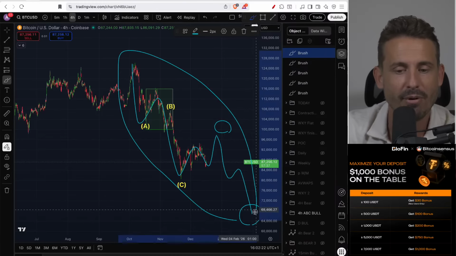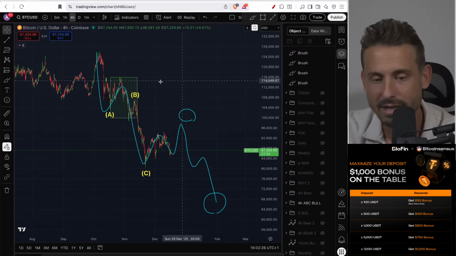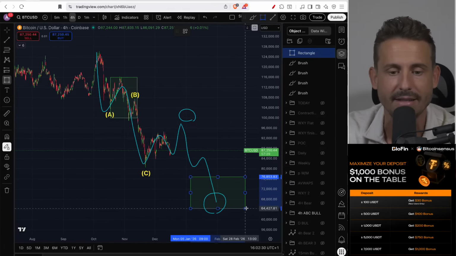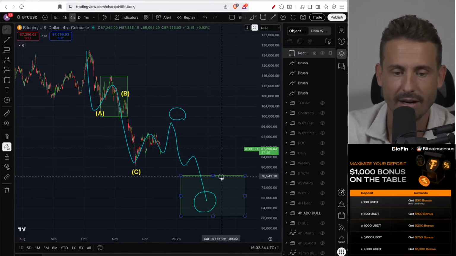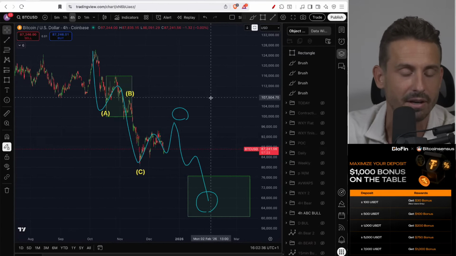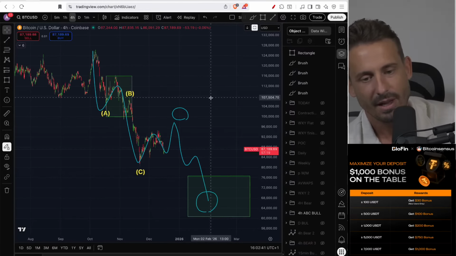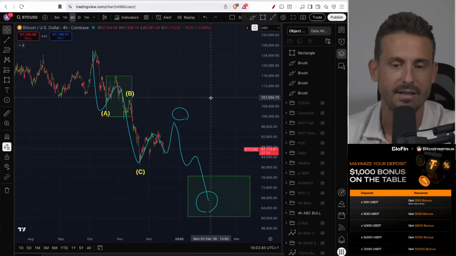And if the price were to form such price action, holy smokes, guys, this is going to be the all-in territory. This is the territory where I'm going to go, not all in, but based on spot buys, if that is the structure that is going to develop in the next coming months.